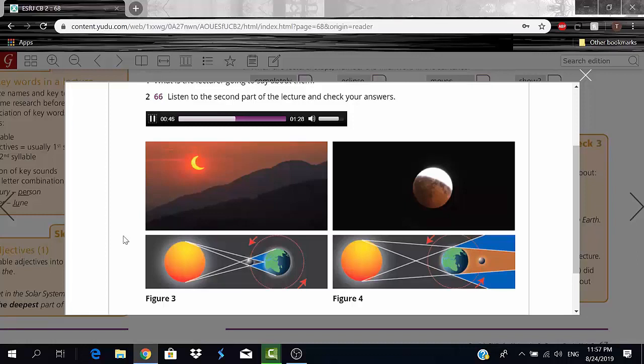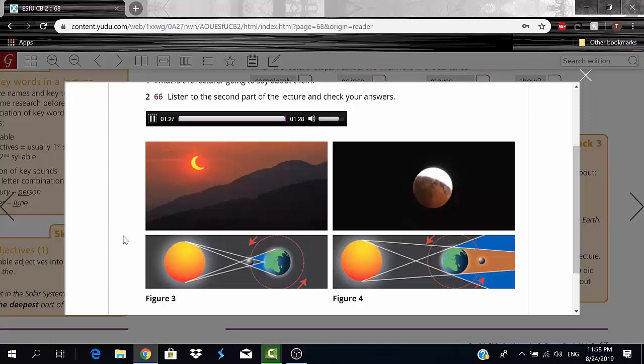Total eclipses happen nearly as often as partial eclipses. Why do eclipses happen? The answer is simple. They happen because the moon goes round the Earth and the Earth goes round the sun. Sometimes the Earth is between the moon and the sun. We call this an eclipse of the moon. And of course, sometimes the moon is between the sun and the Earth. We call this an eclipse of the sun. Do other planets in our solar system have eclipses?